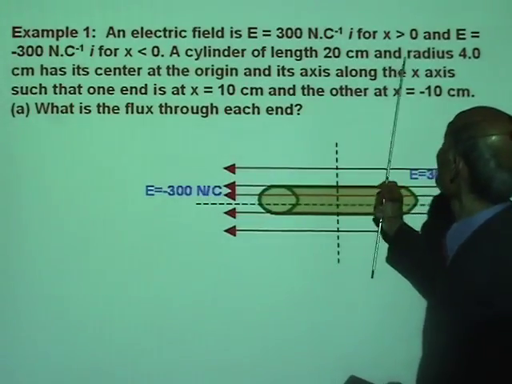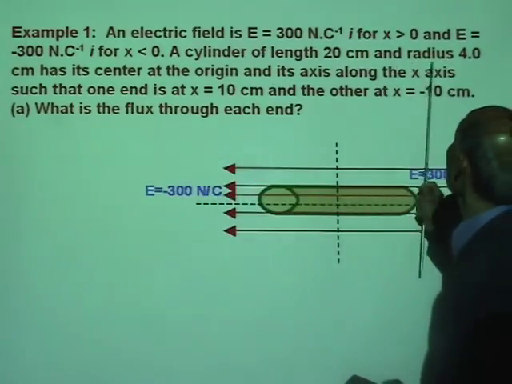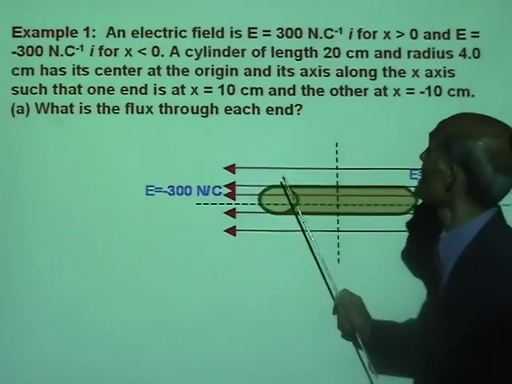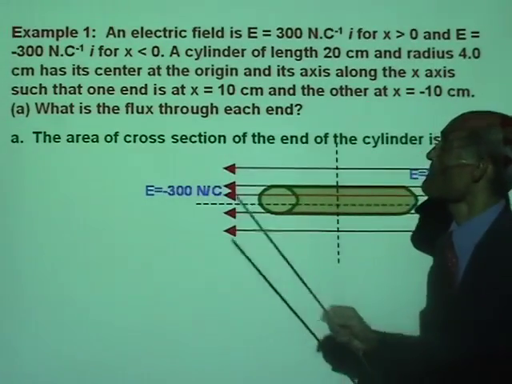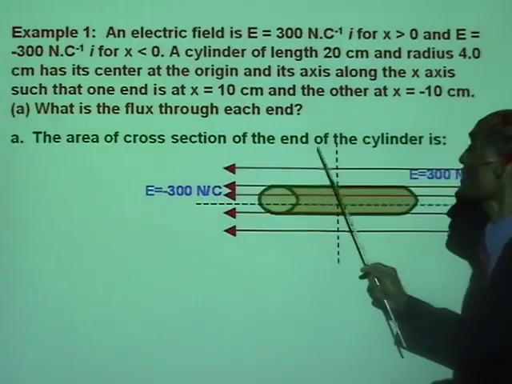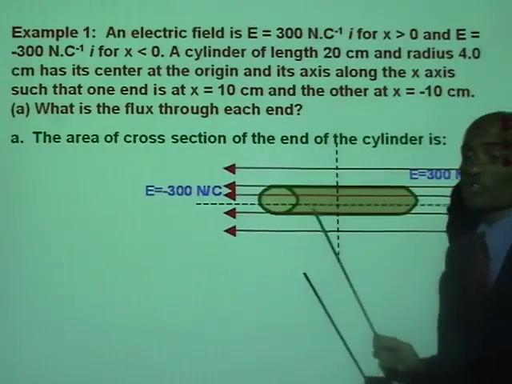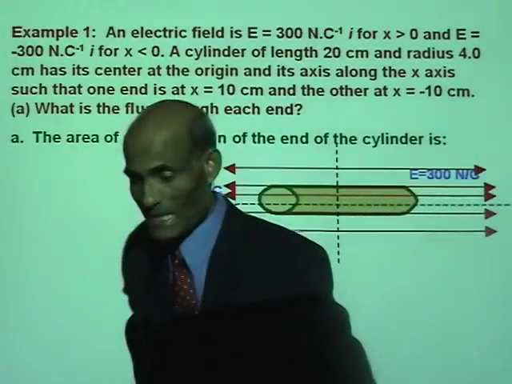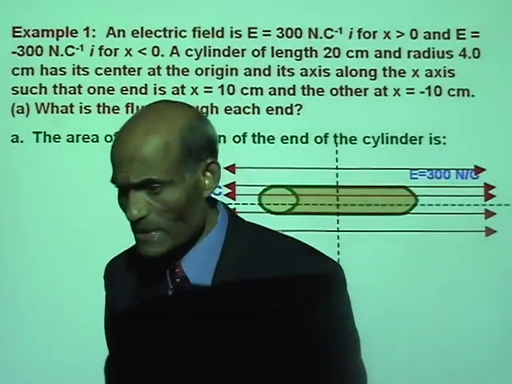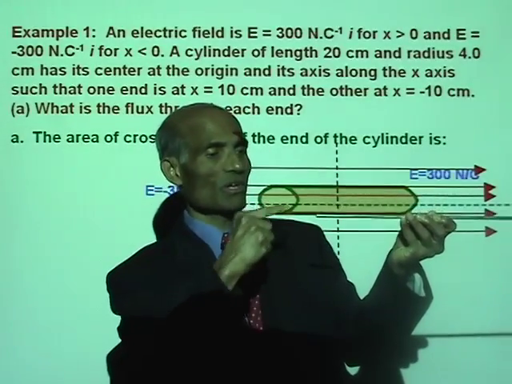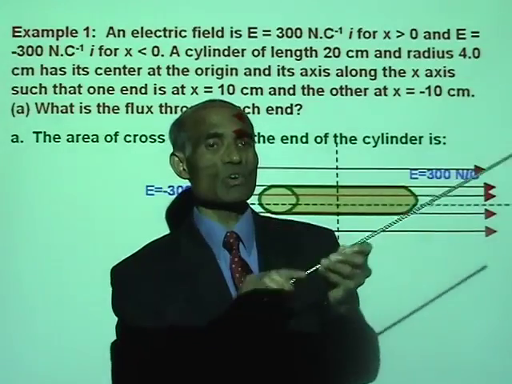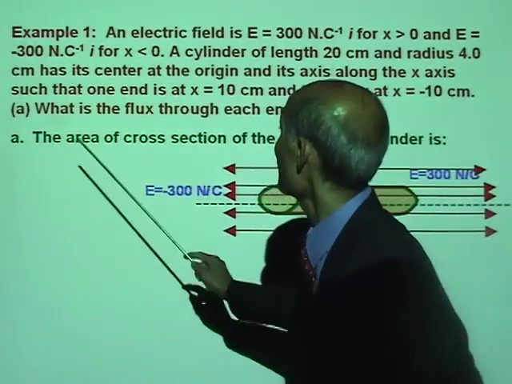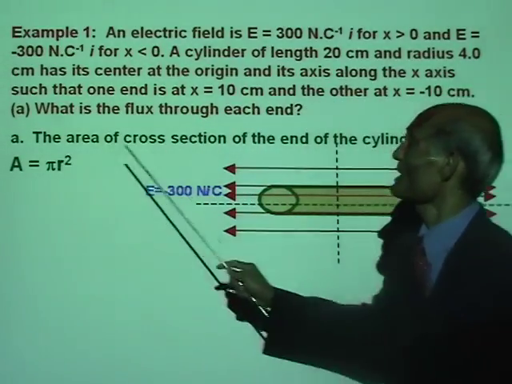Well, you know that the radius of the cylinder is 4 centimeter. So, the area of cross section of one end of the cylinder: remember that one end of the cylinder is a circle and the radius of that circle is 4 centimeter. Therefore, what is the area of cross section?